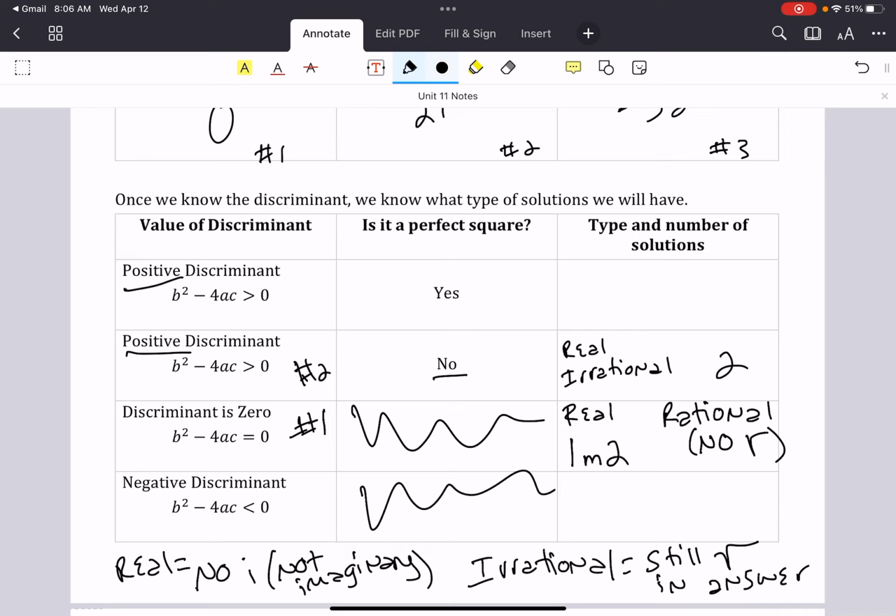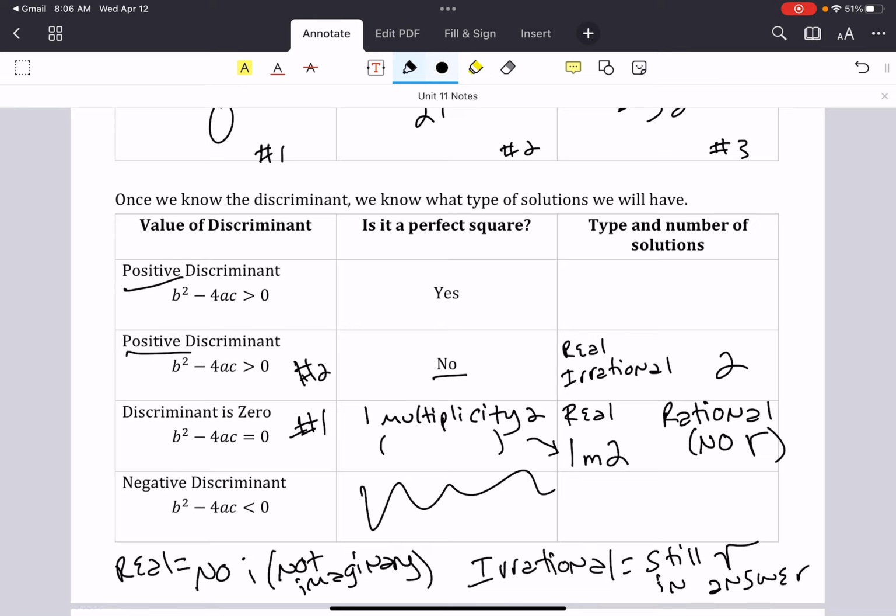Okay, it's been a while since we've used that word, multiplicity. Maybe I'll use this spot here to describe what that means. What does multiplicity mean again?